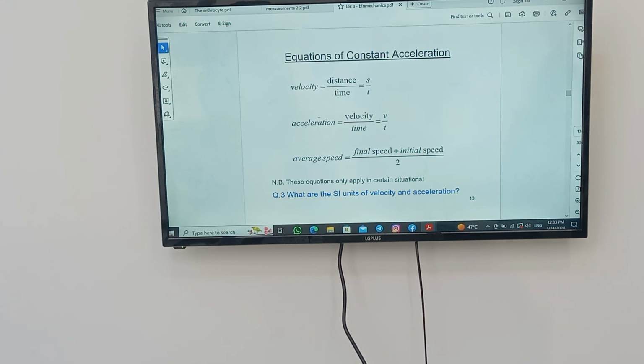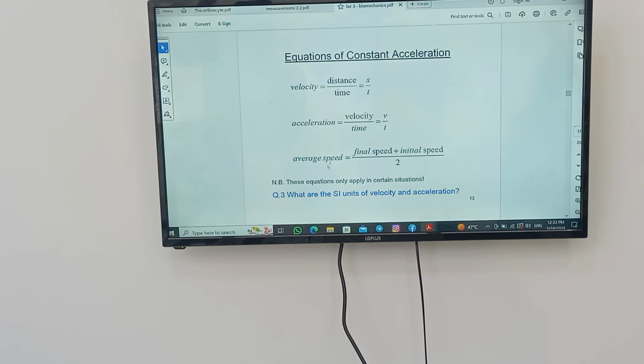So in order to know the value of acceleration, we first have to know the value of velocity. Maybe in the question they require the value of velocity but don't give you the direct value of it. You're going to get the value of velocity from the first rule that we mentioned here.